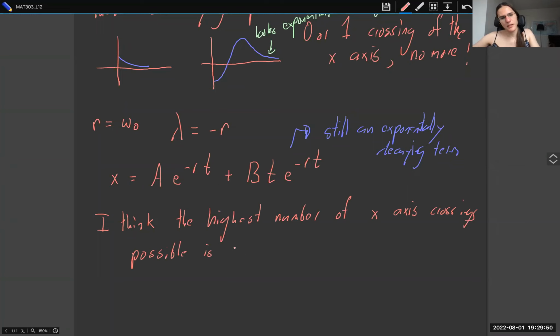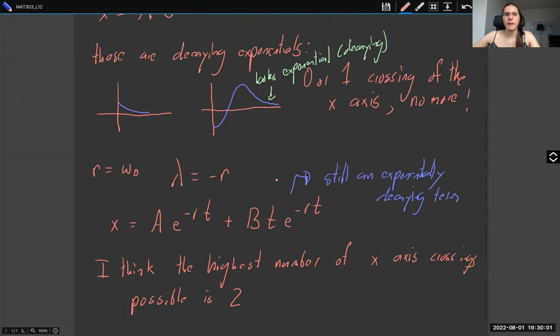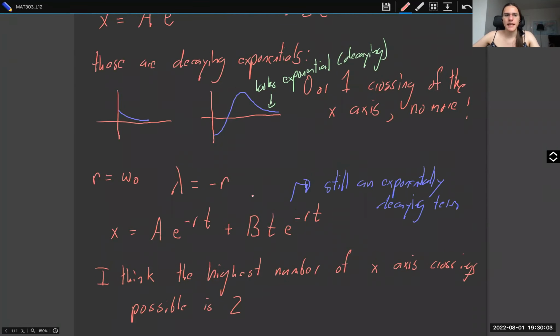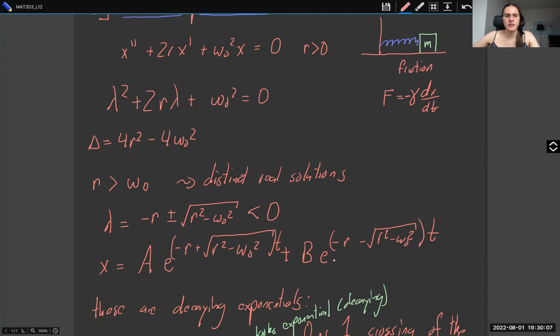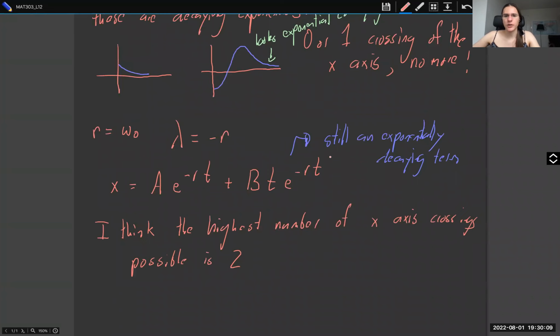I wrote them as numbers last time too. We can also solve for this equation equal to 0. So we can set this equal to 0 and then prove it. But the point is that it's a bit more interesting than just two decaying exponentials. But it's not that much more interesting because it's still an exponentially decaying term, because the exponential really wins over the polynomial.